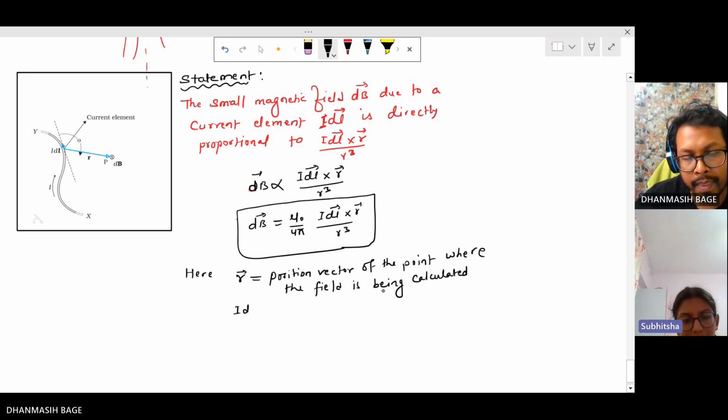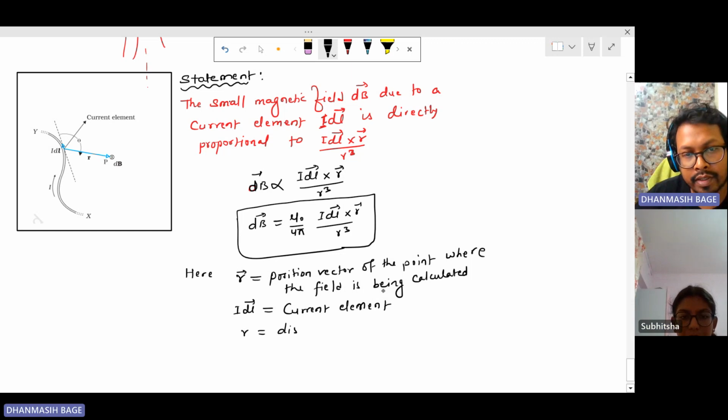I and dl you cannot separate, right? They are always together. This is called the current element, and r is the distance of the current element from the point.